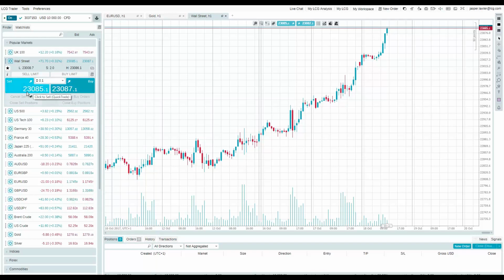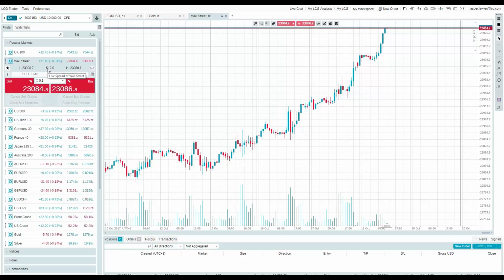If you're selling, you're selling at 23,085. So the difference between 5 and 7 is 2, and here you can see the spread is 2 points. That's what's telling you your spread, and this little bit in the middle is how many lots you want to trade.